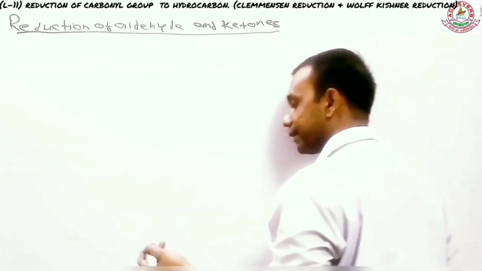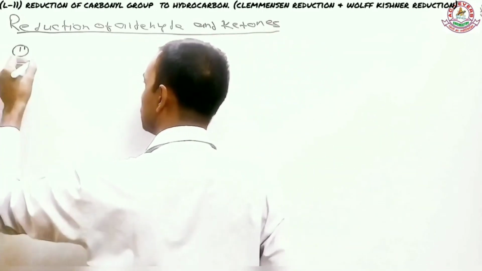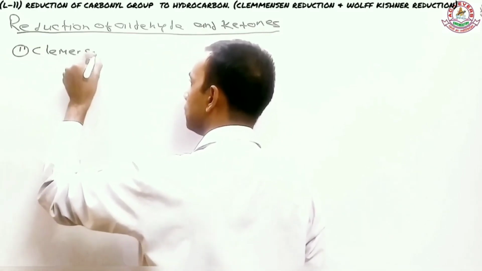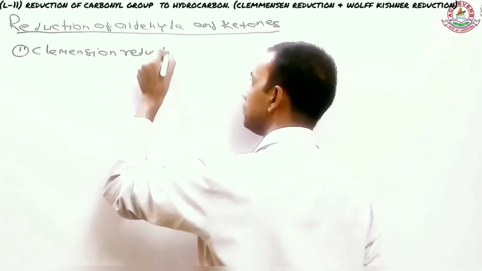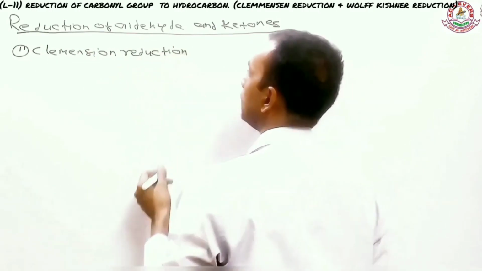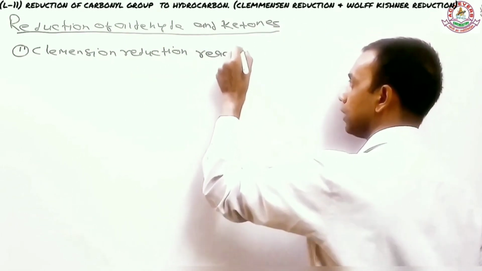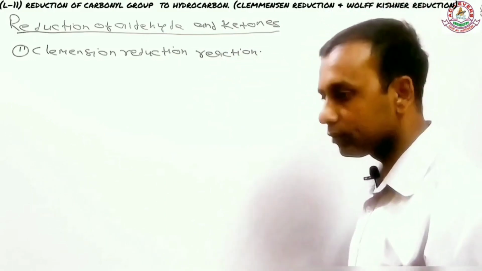And like I said, it has so many reactions, but the two I'm concerned with are these. The first one is called the Clemmensen Reduction reaction. So what is this reaction? Let's do that.